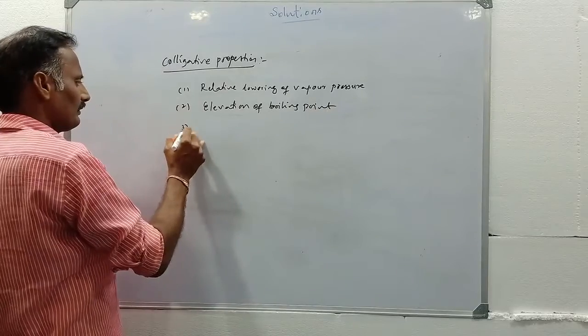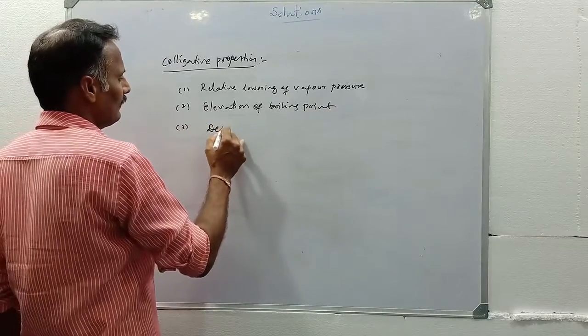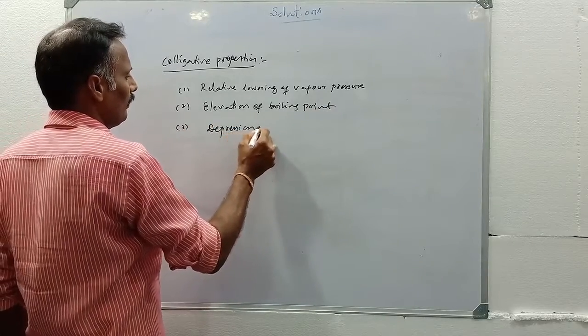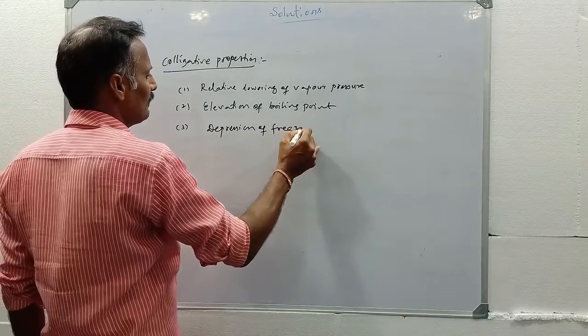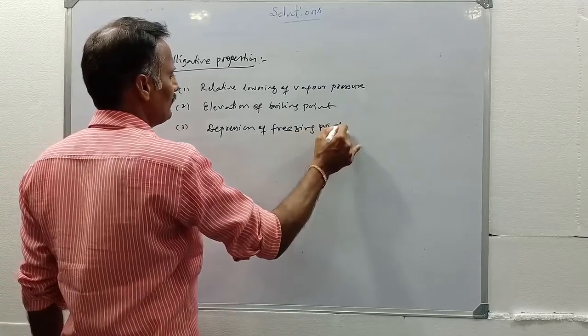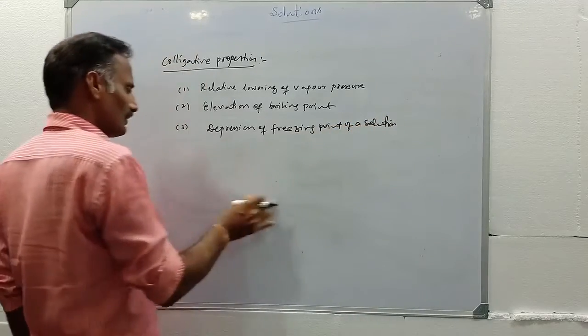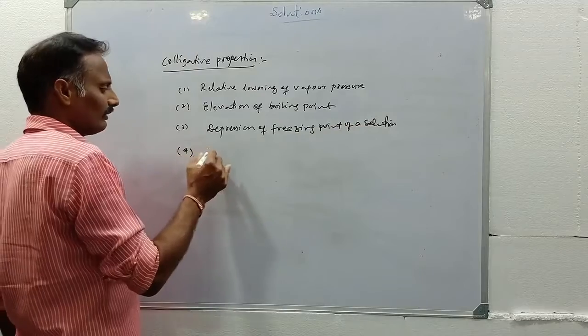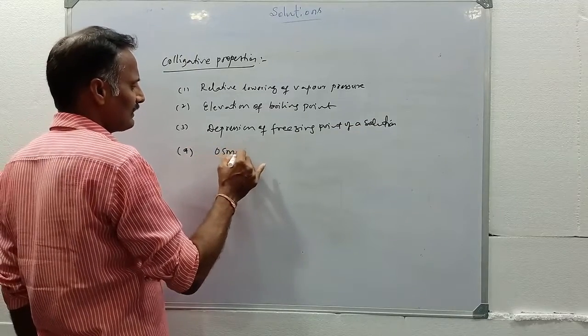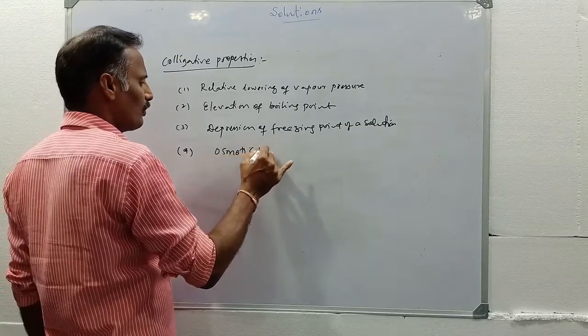The third one is depression of freezing point of a solution. And the next is called osmotic pressure.